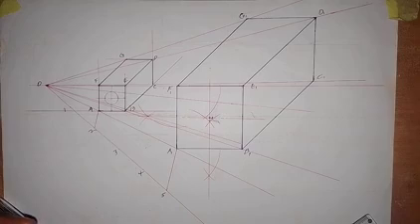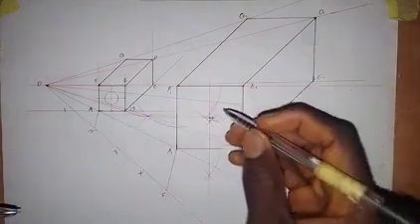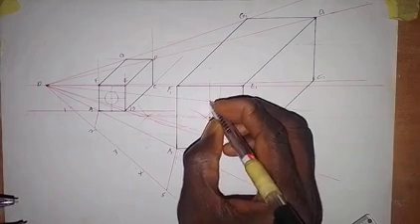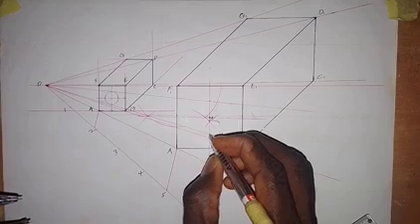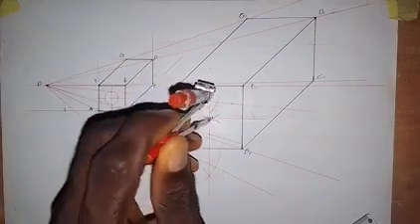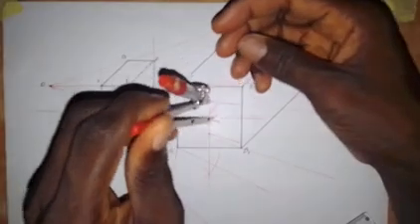We have this now. So the radius of the circle is the distance from this point to this point, or to this point. So that's what we got. I just put the point of my compass here and extend it to this point.